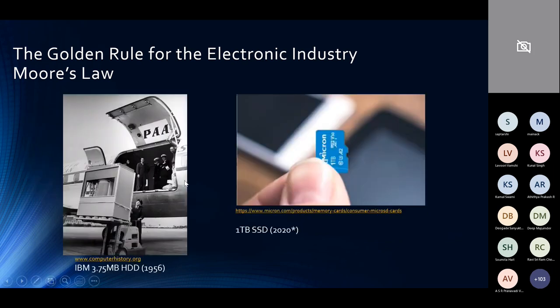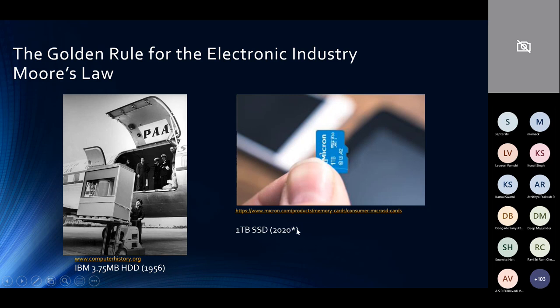And if you see this, in 1956, IBM launched a hard disk drive of less than 4 megabytes. So this is a hard disk drive, and it's been forklifted onto a plane. And this is a 1 terabyte SSD from Micron in 2020, right?